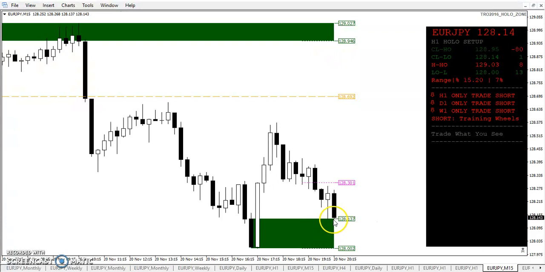Holo, as you can see, we're getting ready to possibly get another holo trade right here. And the lowest open was put in, and you can see here. Remember, hourly open. So this is a 15-minute chart, but this hourly open.